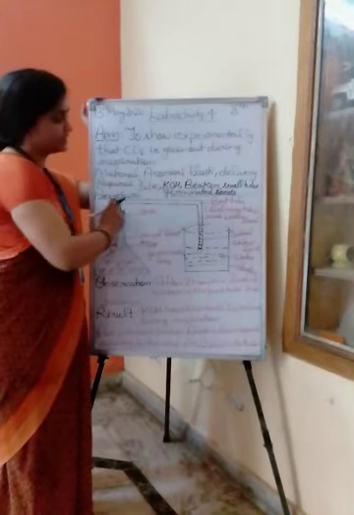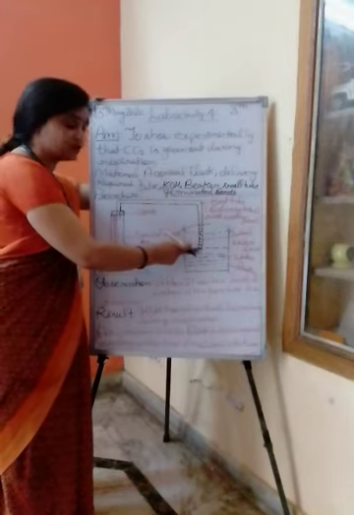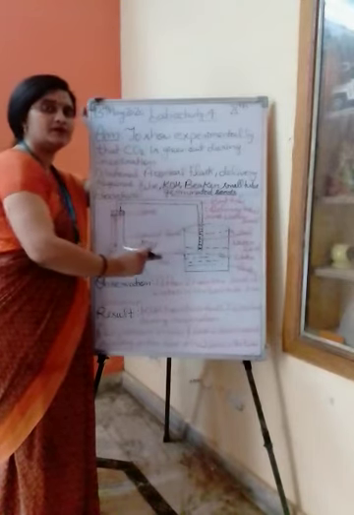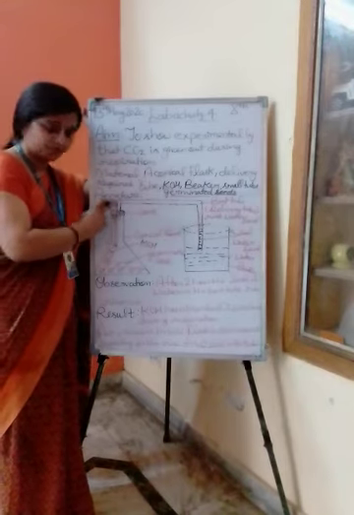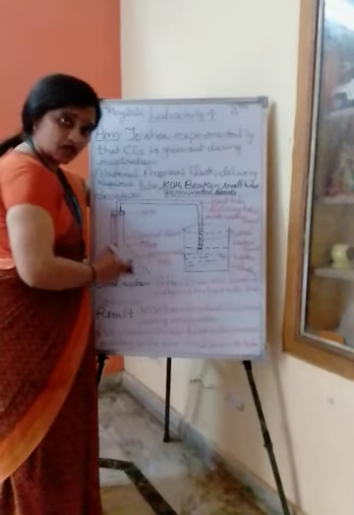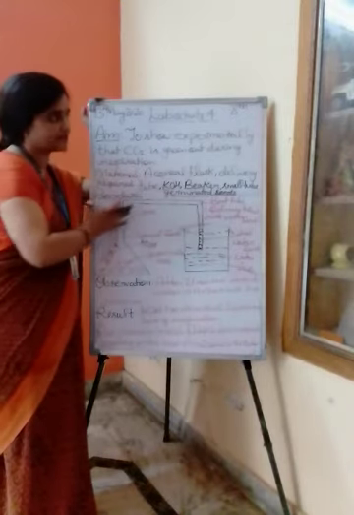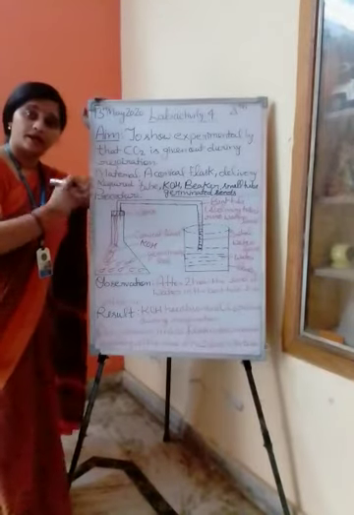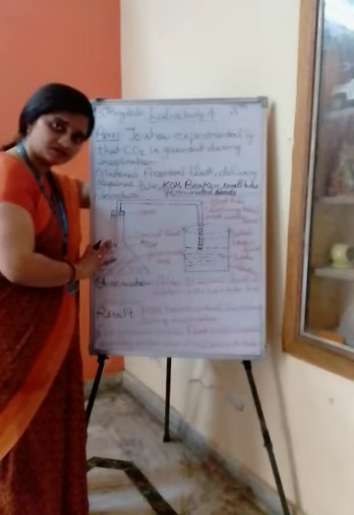The end of the delivery tube is dipped in water in a beaker, and the first end of this delivery tube goes in the conical flask. This is the setup of the respiration experiment. Okay, now leave this setup for 2 to 3 hours.